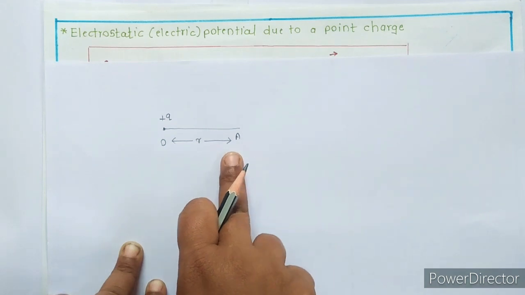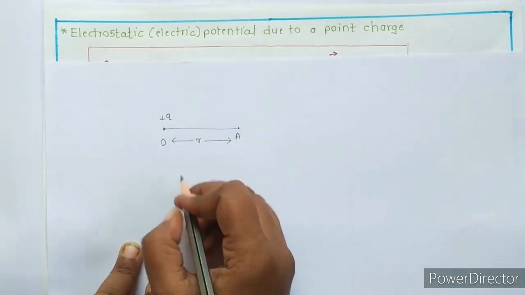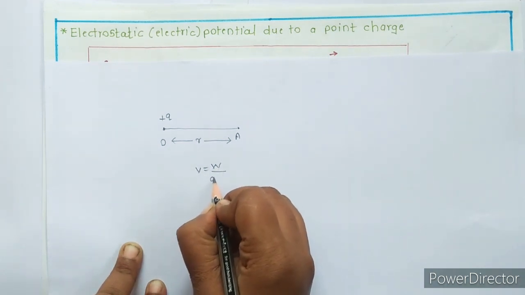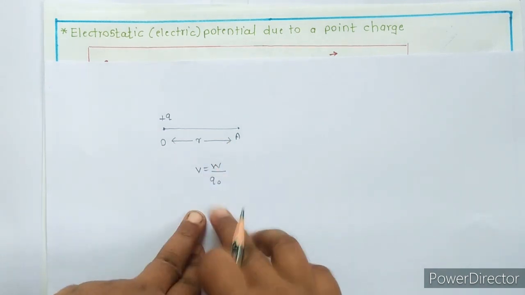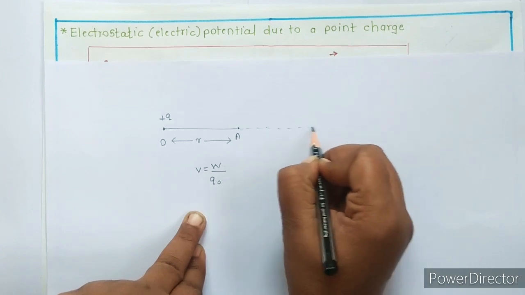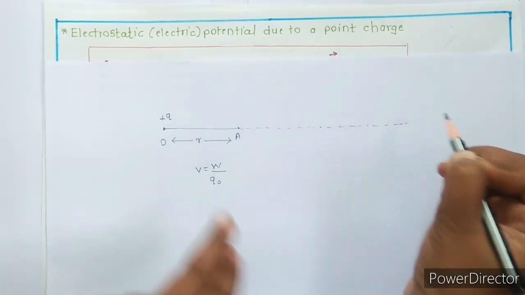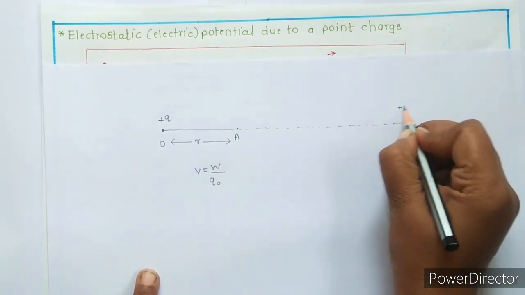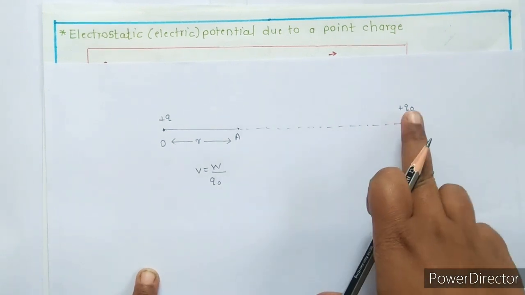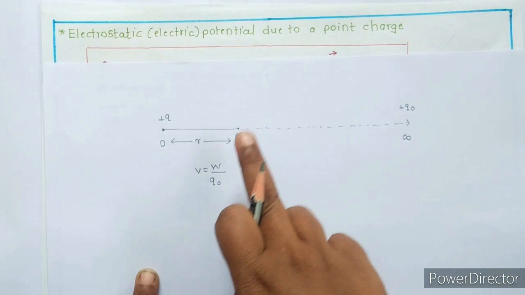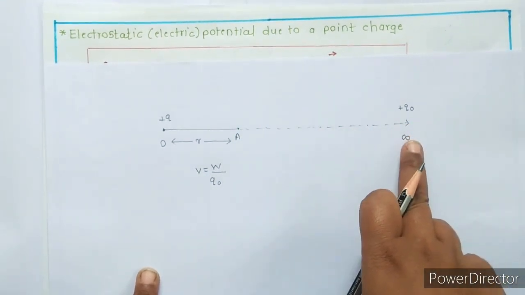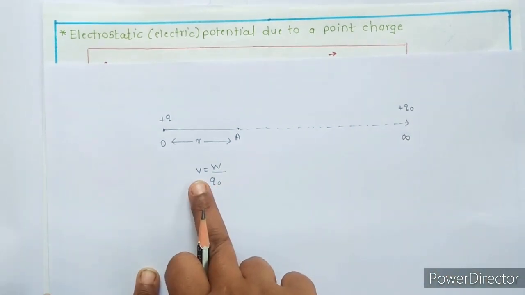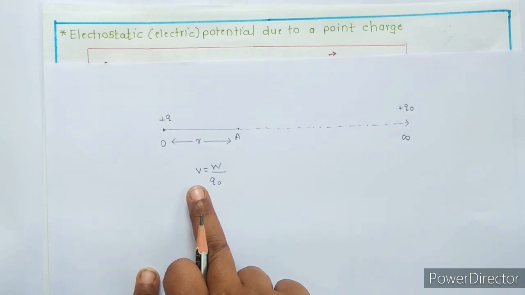Now the electric potential at point A is the amount of work done per unit positive charge which is displaced from infinity to the point A. So at infinity a small test charge Q0 is situated and I want to move this charge to point A, so that in that displacement there is work done, and this work done per unit charge is the electric potential.